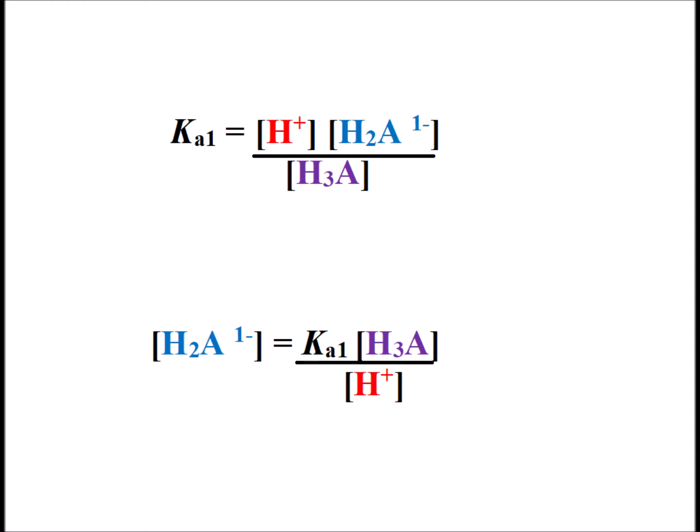We can rearrange the expression for Ka1 so as to get an expression for the concentration of H2A minus in terms of other factors. Notice also that we are ultimately going to want to have these expressions involving the concentration of the undissociated triprotic acid H3A.